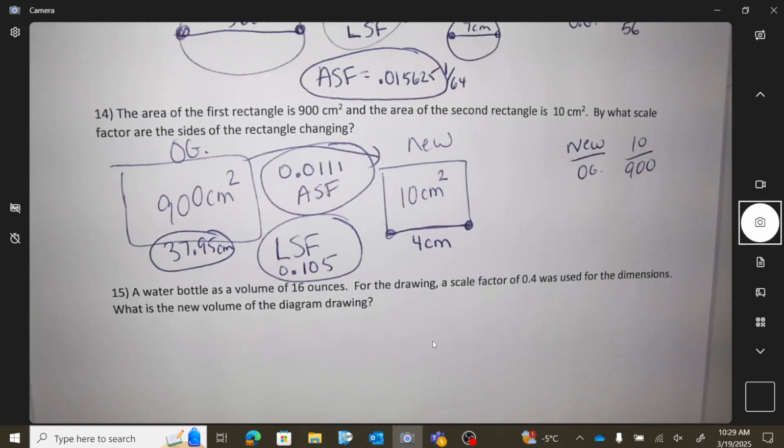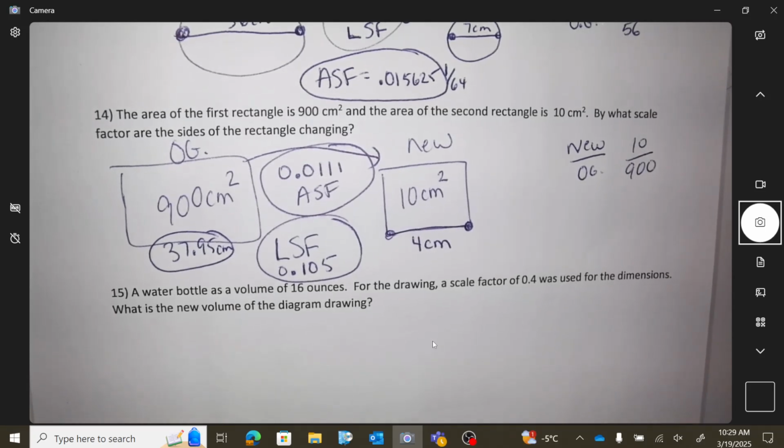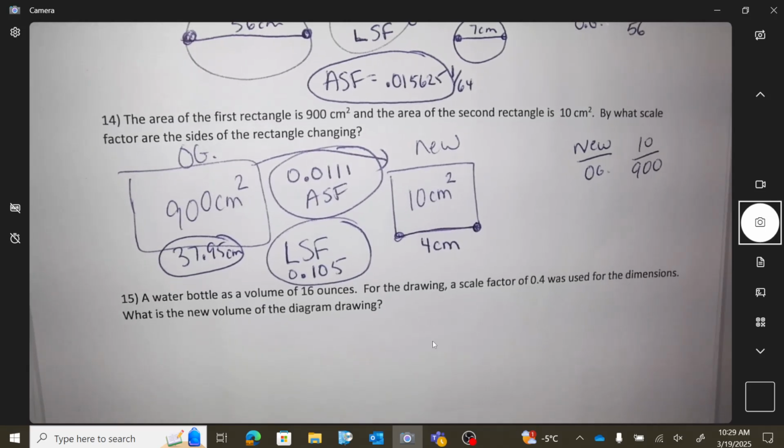Okay, a water bottle has a volume of 16 ounces, and the drawing had a scale factor of 0.4 for the dimensions. So what's the new volume on the diagram?